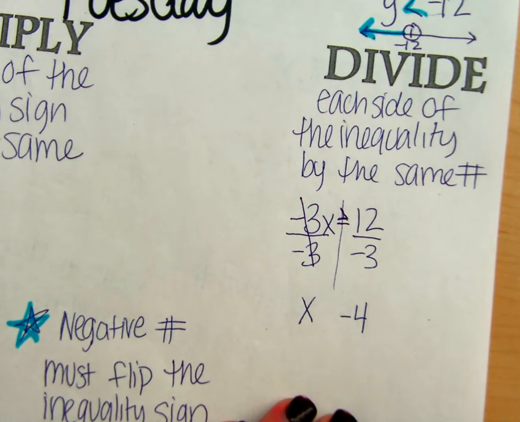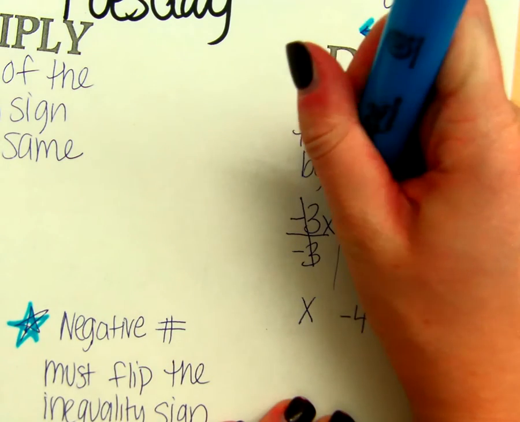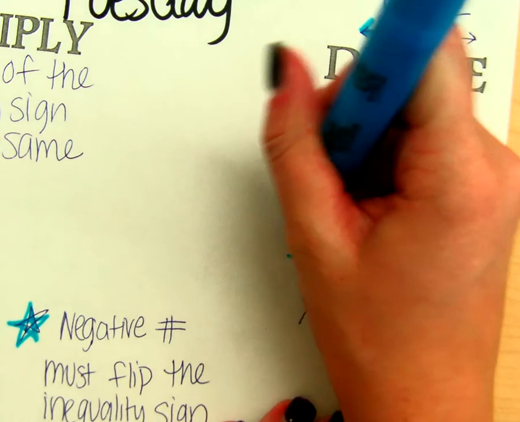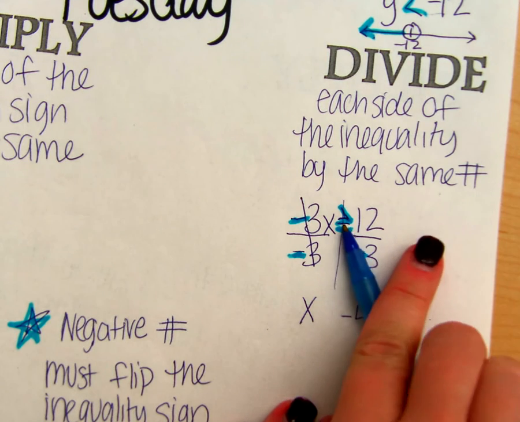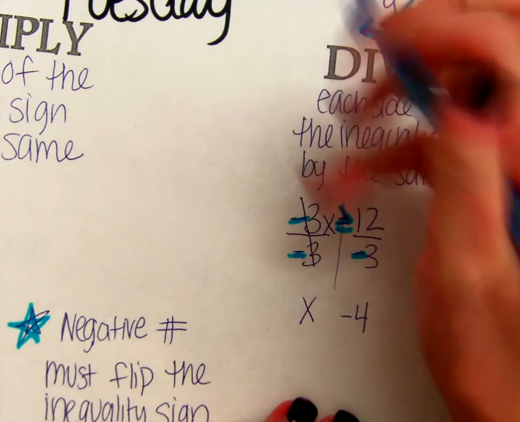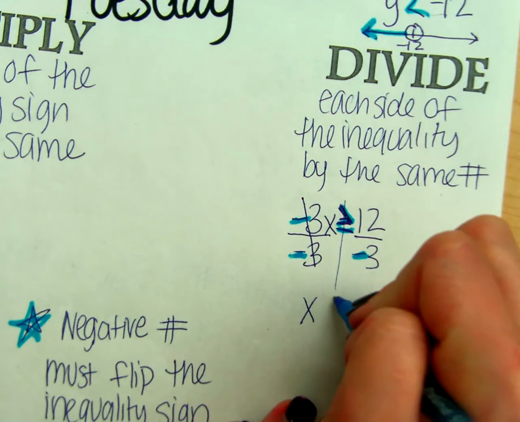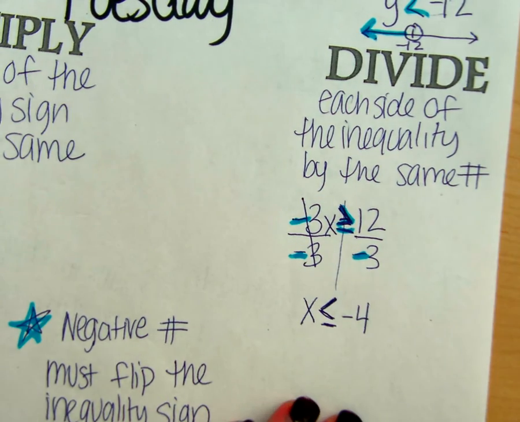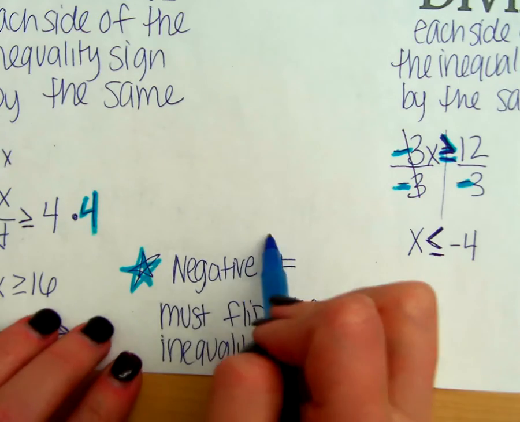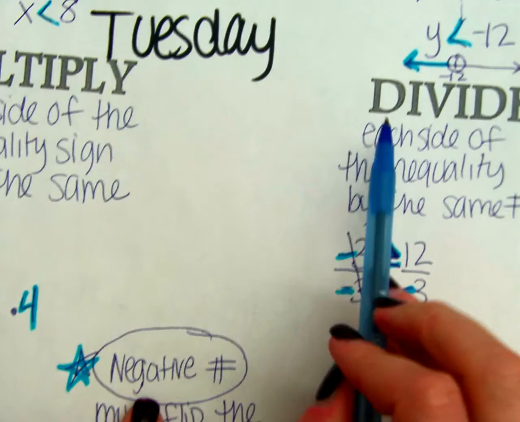However, this is the big difference. When we divide by a negative number, the sign flips. So instead of it being greater than or equal to, it's now going to be less than or equal to. That's the only change when you're multiplying and dividing by a negative number. Only when multiplying and dividing.